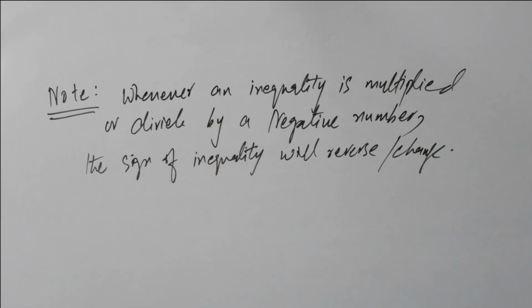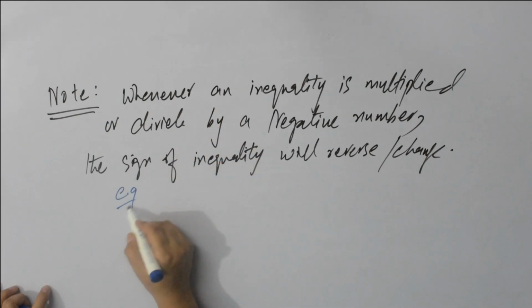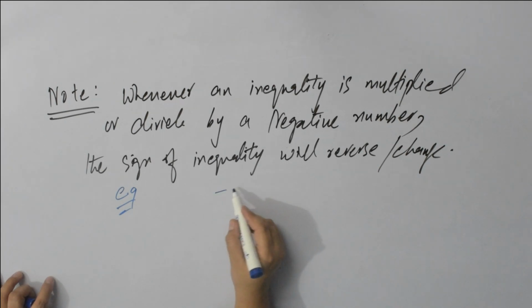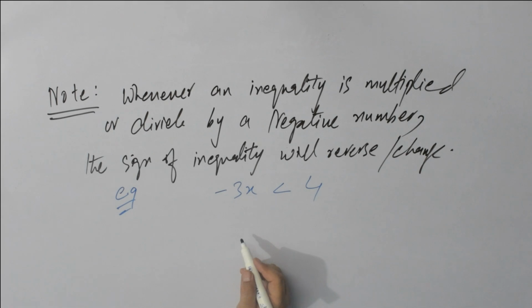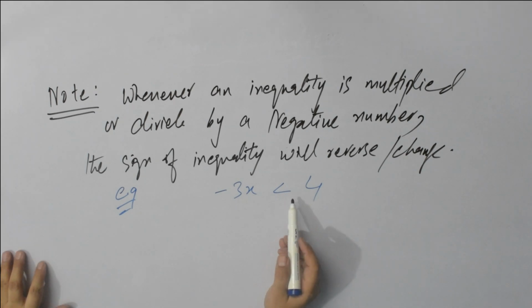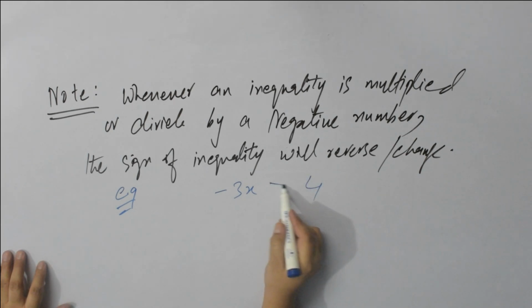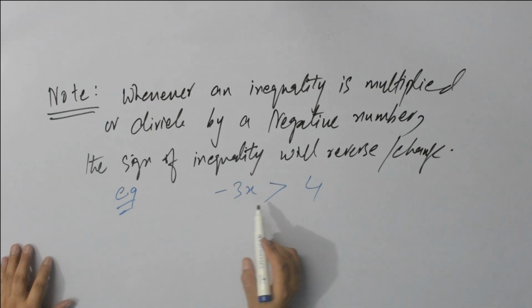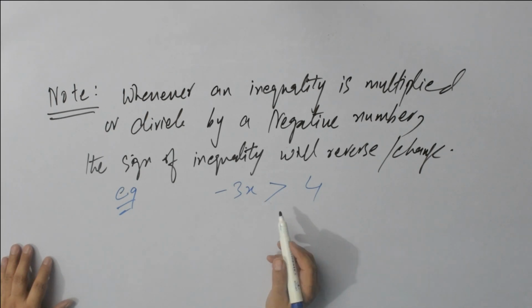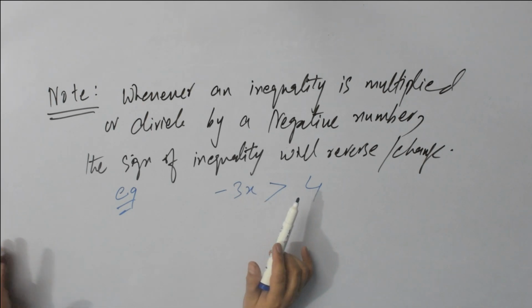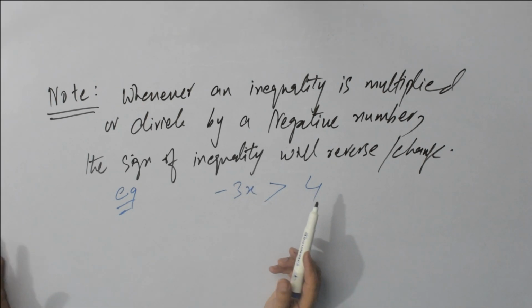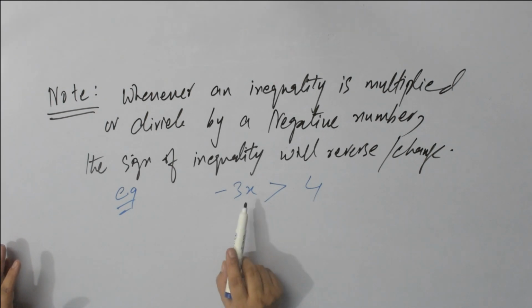For example students, if I have minus 3x is less than 4, this is my inequality. Or let's suppose I take minus 3x is greater than 4. I have to isolate x to find my solution set, as you have done in 7.1 and 7.2. Your target is to isolate x.